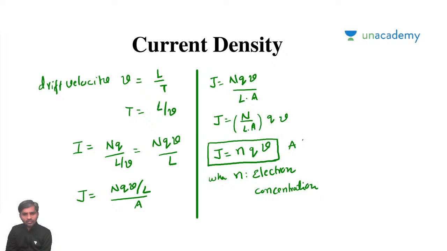There is no change in the units, amperes per meter square only. If you know the electron concentration and the charge of the electron, you should know the drift velocity v, and then you can calculate the current density.